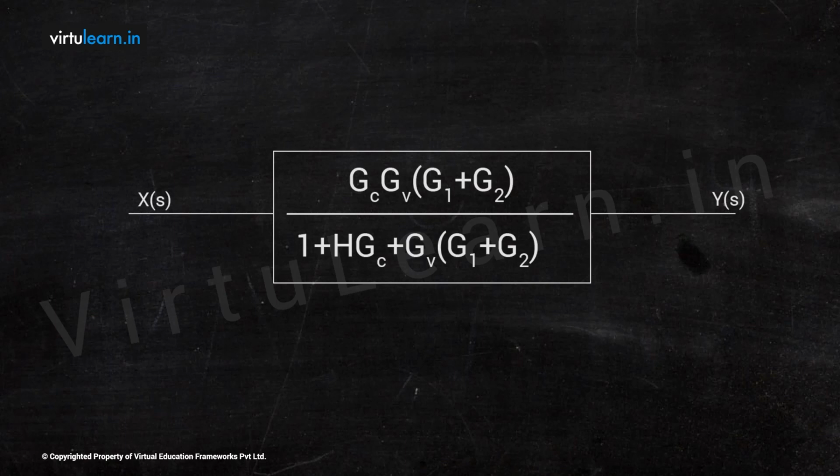Now we'll try to increase the complexity in the block diagram problems. So here I have two individual loops: in one loop I have G1, G2, H1 and in another loop G3, G4, H2. But these two loops are interrelated with the H3 feedback.